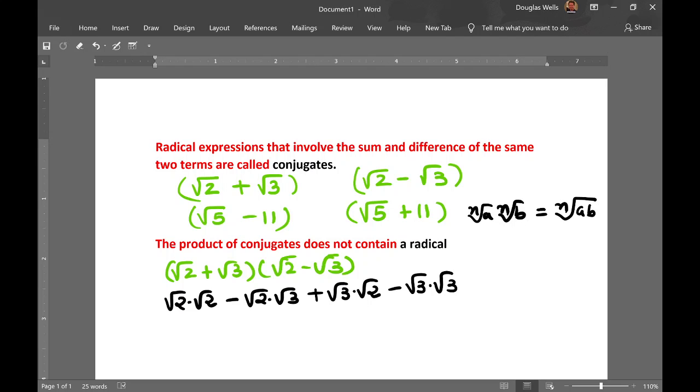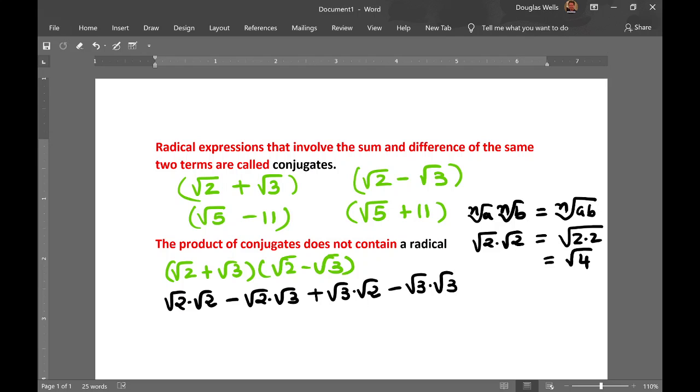What this means is, if you have the same index and you have a radicand and you have a multiplication sign, then your answer should carry the same index. In our case, the index is 2, and then you multiply the radicand inside. So your answer is square root of 4.